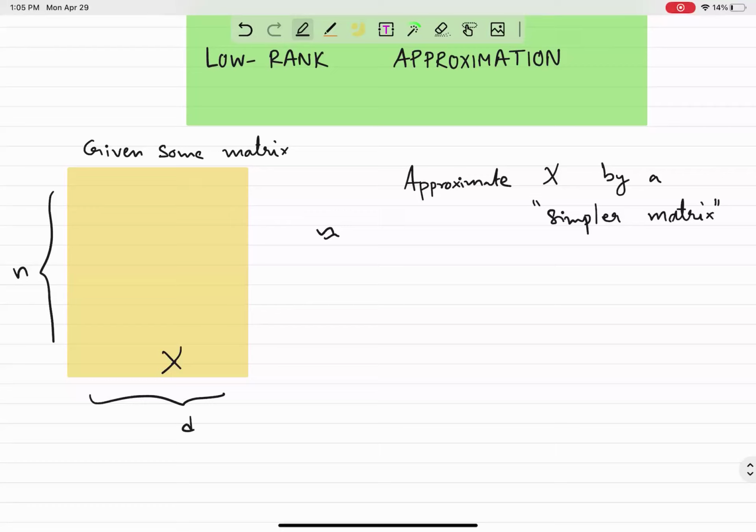That's the high level goal we're targeting.